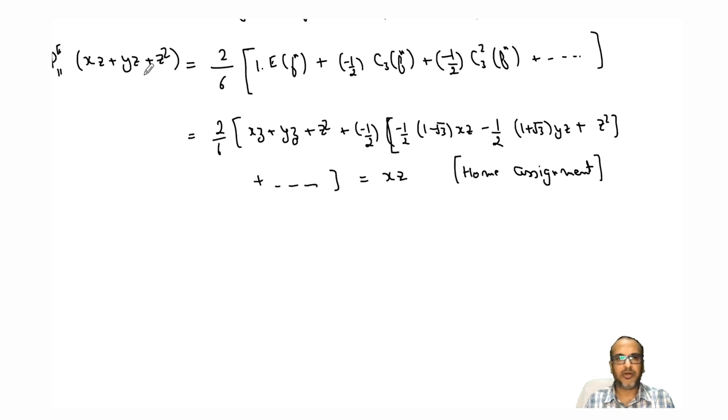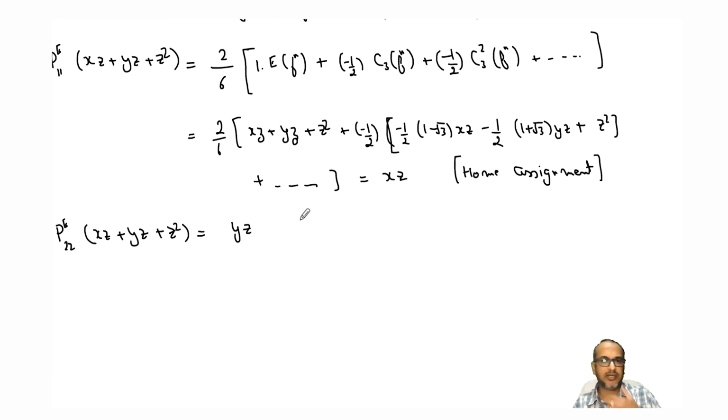Similarly, the way we have calculated P11, that is the 1 element of E irreducible representation, let's also calculate P22 of E on xz plus yz plus z square. And if we do the same thing, what we will get is yz without any coefficient. So this one gives you xz, and the 2 2 element will give you yz. Similarly, we can do it for 1 2 and 2 1, so they will also give you the same thing.